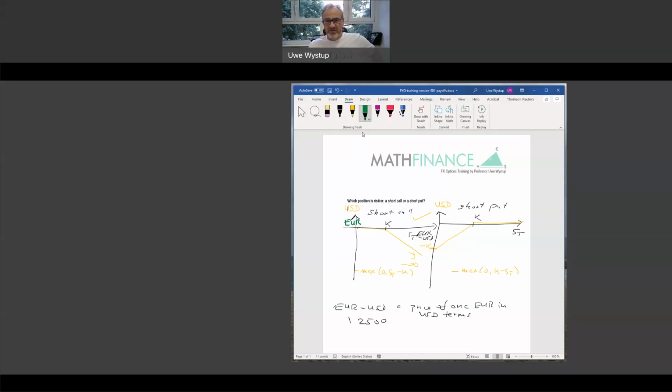Let's do the short put first. If I put the short put payoff in the right-hand side graph, then I would have to convert whatever I see in dollars into euros. Now, how do we convert dollars to euros? We divide by the spot. You divide by the spot to convert dollars to euros.